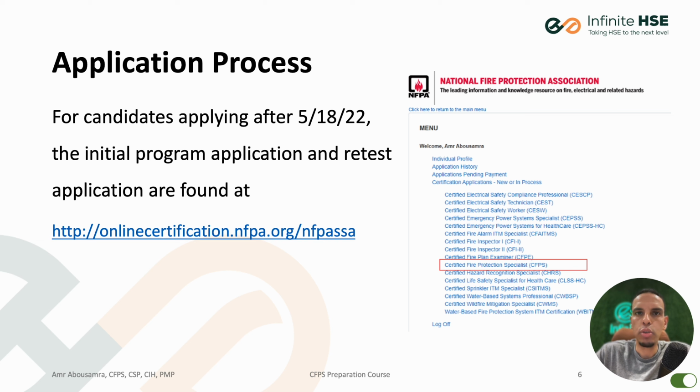The application process is very easy. Just use this link. I will also leave the link down below this video, so you can see the certifications provided by NFPA. When you access this link, you will see the different types of certification that NFPA provides. You have to select the Certified Fire Protection Specialist, or CFPS.